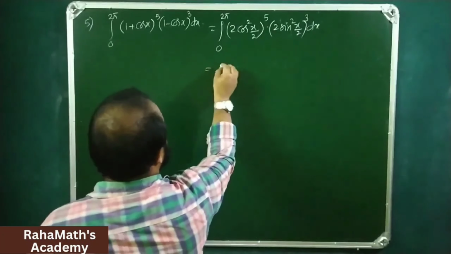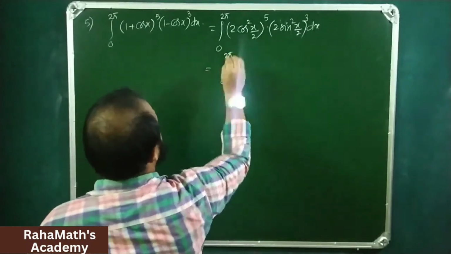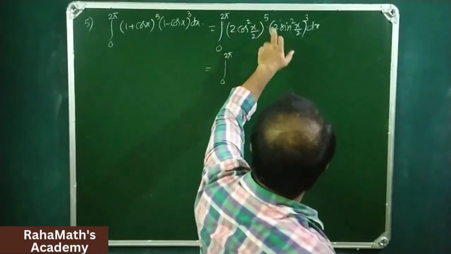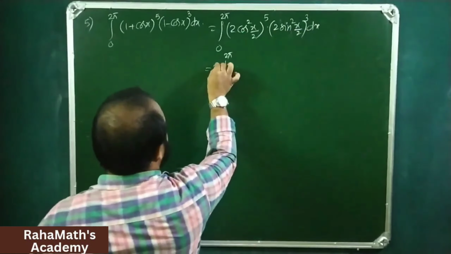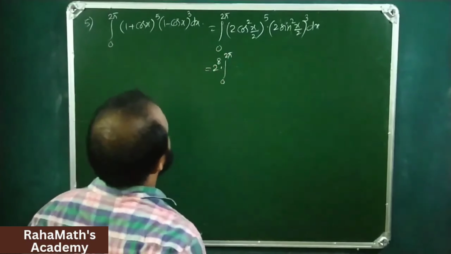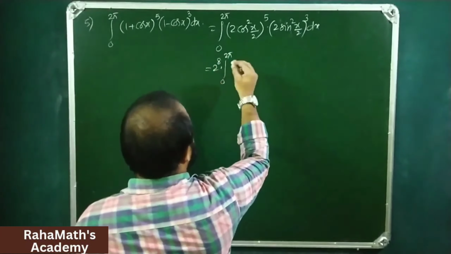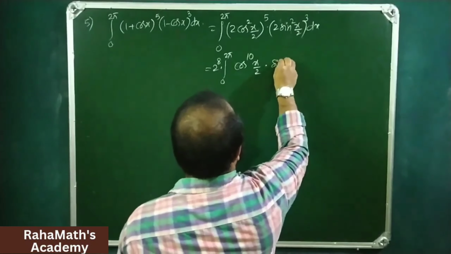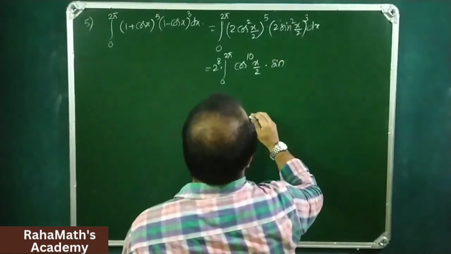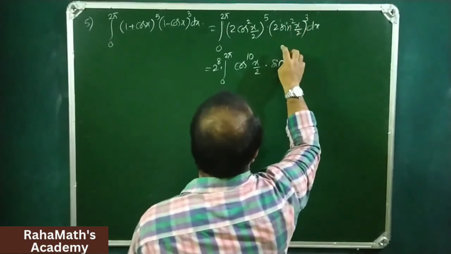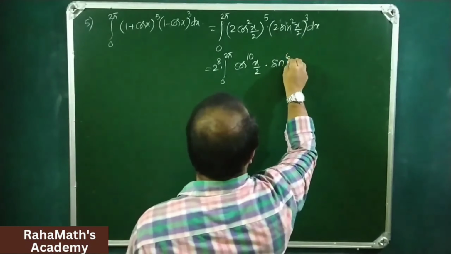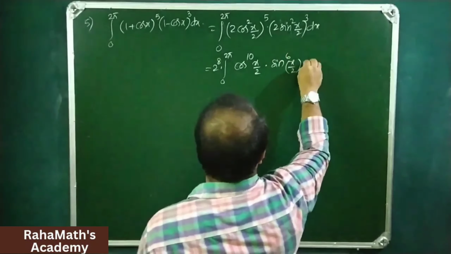This is equals to 0 to 2 pi, 2 power 5 into 2 cube, this is 2 power 8, into cos power 2 times 5, 10, x by 2, into sin power 2 times 3, 6, x by 2 dx.